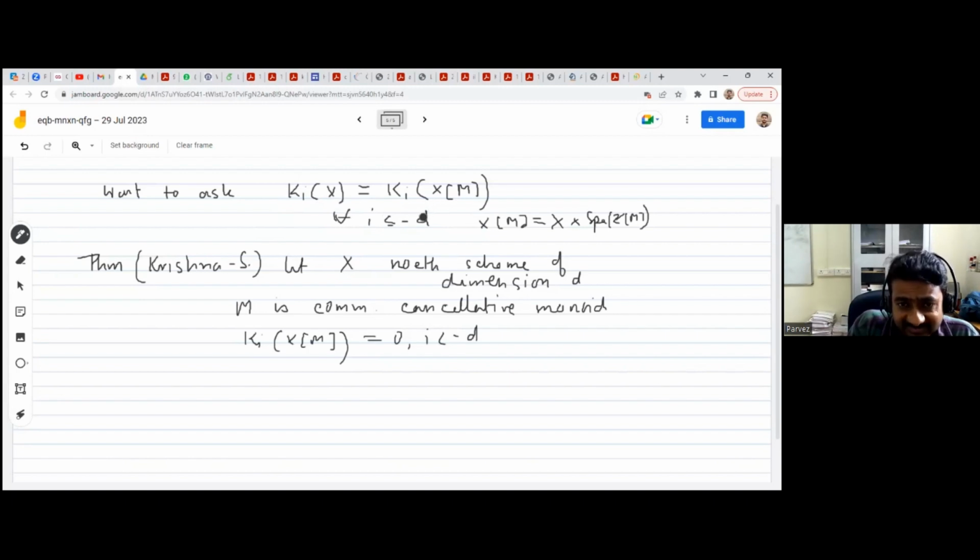But at the minus d-th level, we have to assume M to be semi-normal.